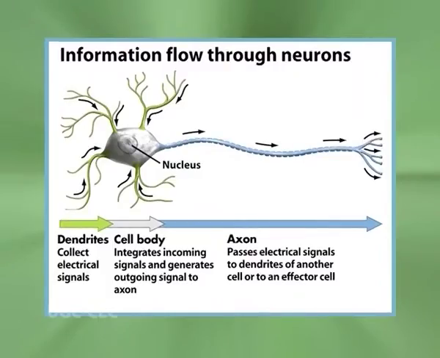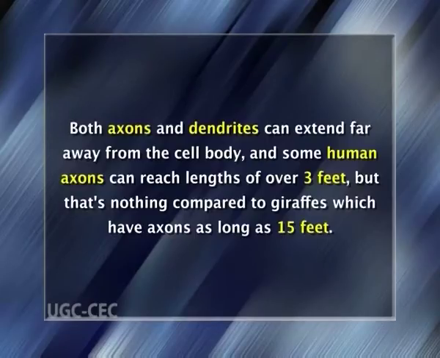Axons are extensions of neurons that conduct signals away from the cell body to other cells. Both axons and dendrites can extend far away from the cell body, and some human axons can reach lengths of over 3 feet. But that's nothing compared to giraffes, which have axons as long as 15 feet.